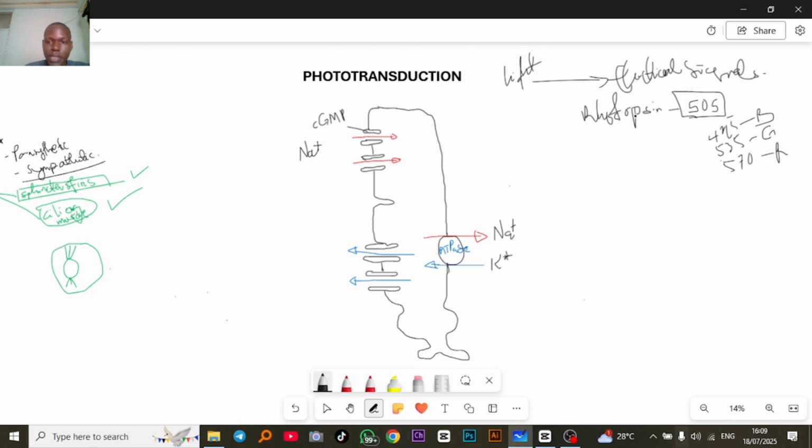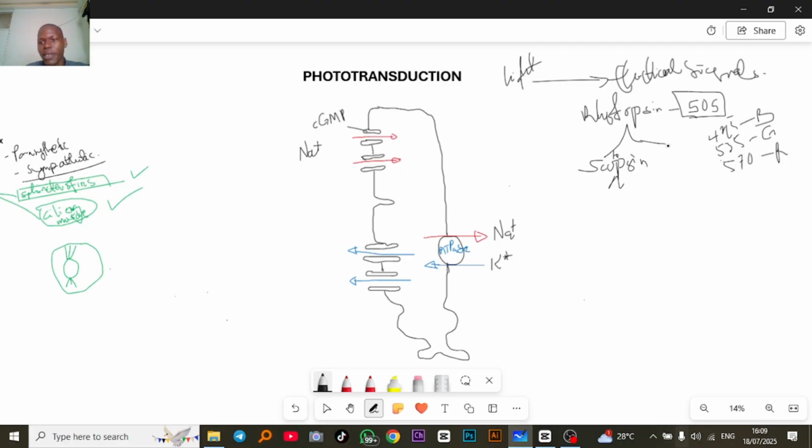The other thing we need to know is what makes up rhodopsin. Rhodopsin is made up of two components. We have the opsin itself, that is scotopsin, which is the protein.